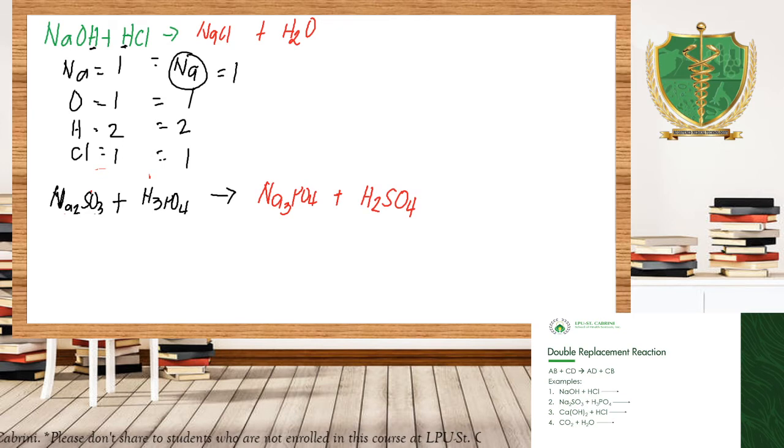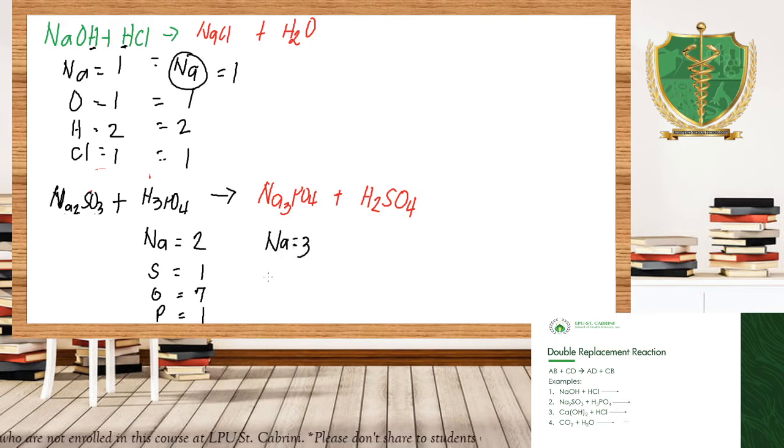Okay? So, let's see if we have a balanced equation. How many sodium? 2. Sulfur? 1. Oxygen? 7. 3. 4. Okay? We have phosphorus, we have 1. Na, we have 3. S, 1.